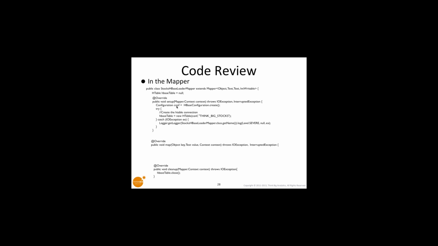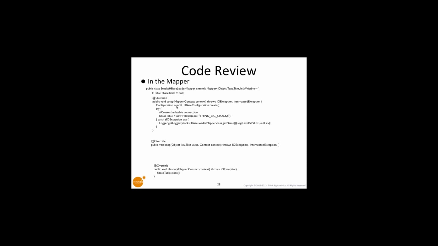In this case, we're passing in a key and a text value and the context. Because we're not actually writing out to anything else, we're writing out to HBase, inside that mapper.map method we use a put statement to put it to the HBase table.